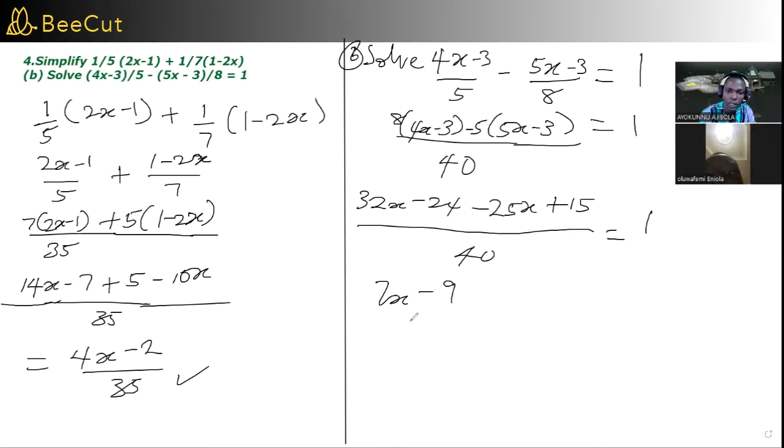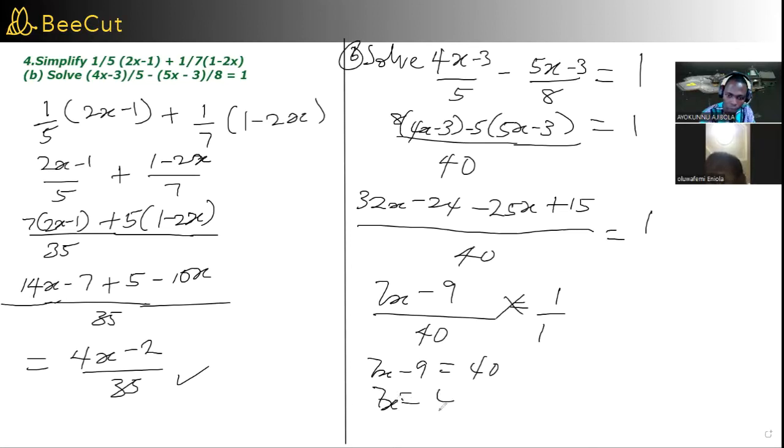Now this is over 40, equals 1 over 1. Then you can cross multiply, so you have 7x minus 9 equal to 40. Then 7x equal to 49, so x equal to 7. Where did I get 49 from? That's 40 plus 9. And where did I get 7 from? That's 49 divided by 7.